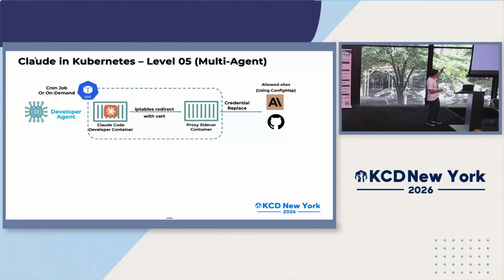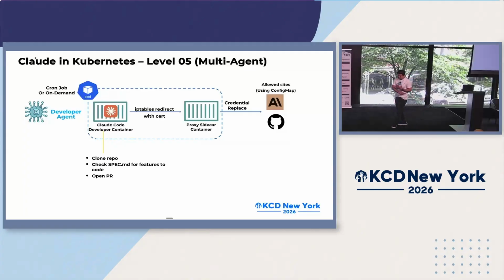So now, level 5 is multi-agent. So now we are going to create the developer agent. So this will be another pod, but the same mechanism, right? We have the Claude Code installed in the container, the proxy sidecar, securing the credentials. And this developer container will simply clone the repo, check specification.markdown file for whatever features you want to add, and open a pull request.